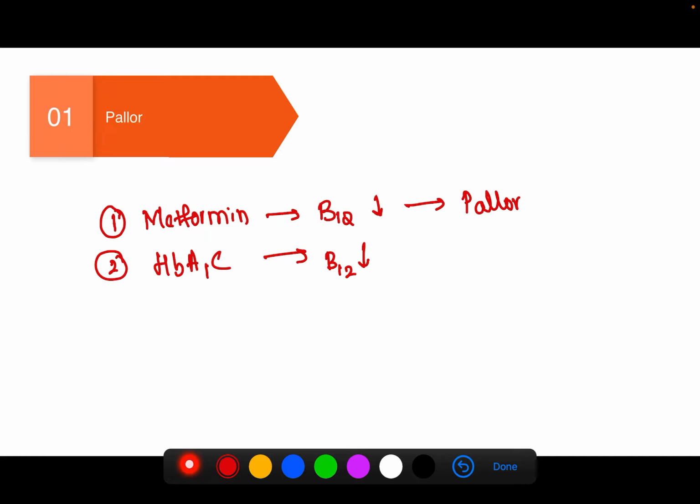So B12 deficiency and iron deficiency anemia can show falsely elevated HbA1c levels. So when you're monitoring HbA1c, it's important that hemoglobin is in the normal range. If not, you should first bring it to normal range and then monitor HbA1c.